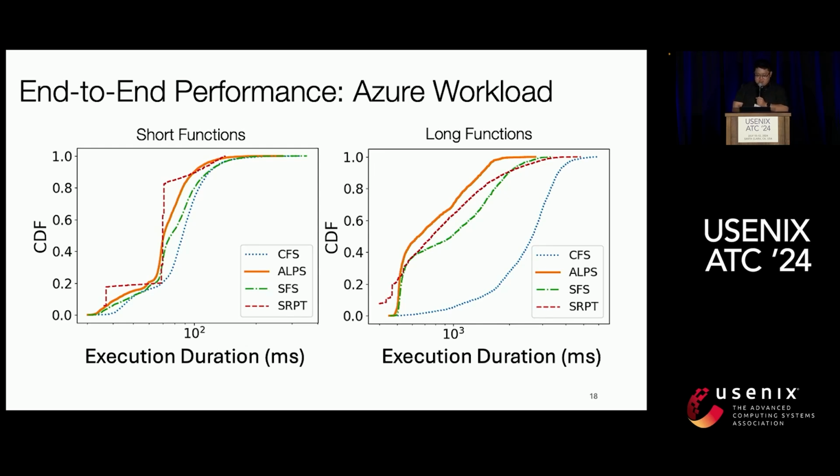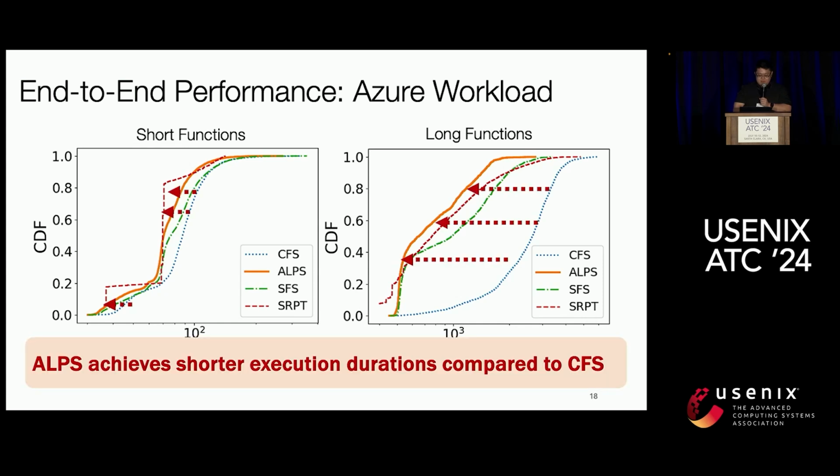Then let's see the end-to-end performance of other workloads. In these two figures, the left-hand side figure represents the end-to-end performance for short functions, and the right figure shows the performance of long functions. In both figures, the X dimension represents the execution duration in milliseconds, and the Y dimension represents the cumulative density function.